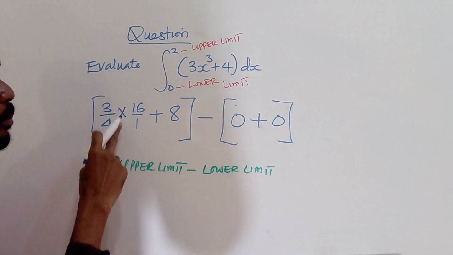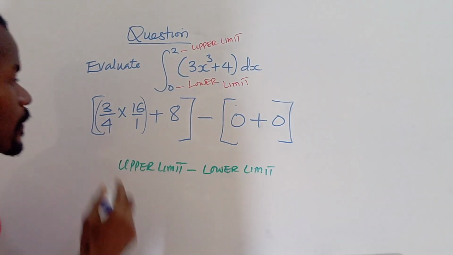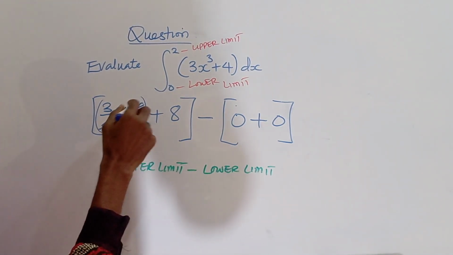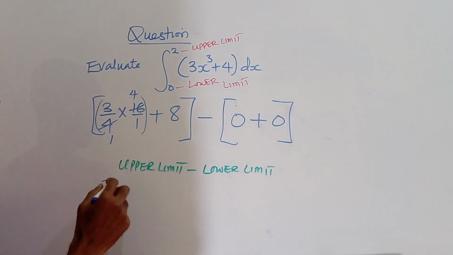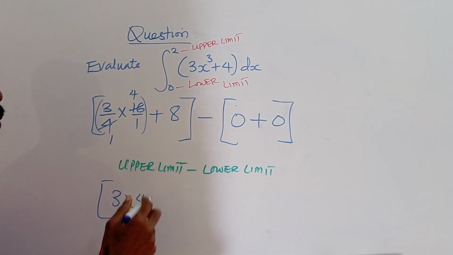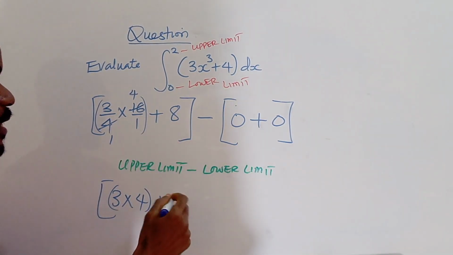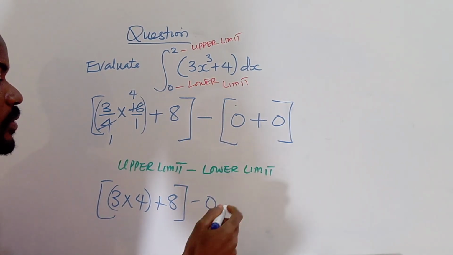By the rule of BODMAS, we want to solve this multiplication first. So 4 can cancel here, and it gives us 4, so this is 3 times 4. Plus 8. Minus 0 plus 0 is 0, so we have minus 0.